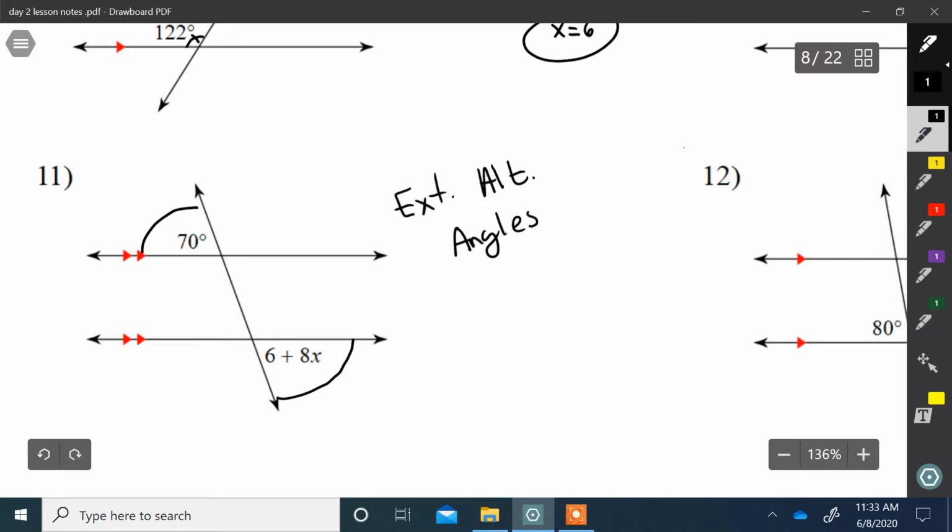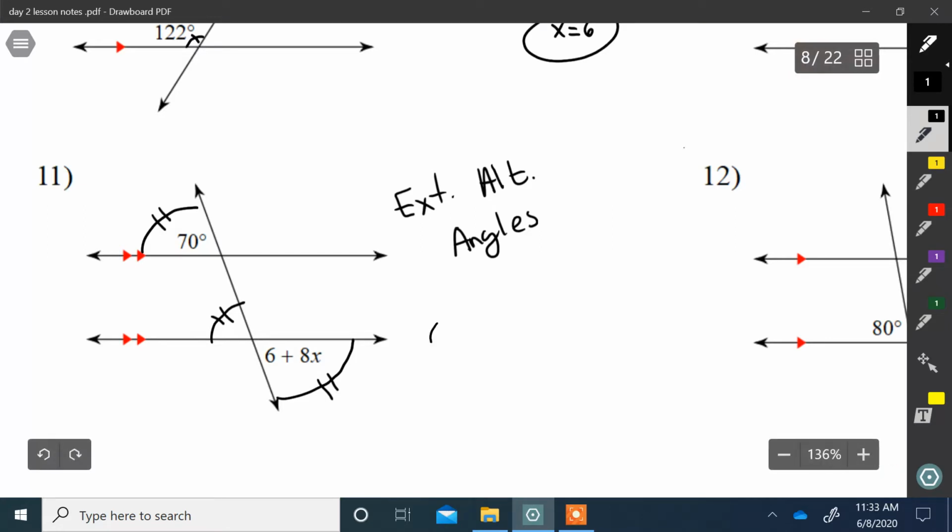Now the name probably doesn't make much sense to you, but all you have to know is that those two are congruent. And it makes sense, guys, that they're congruent because if this is congruent to this, that means that this will also be congruent to that.